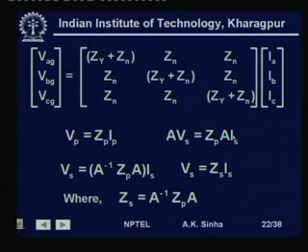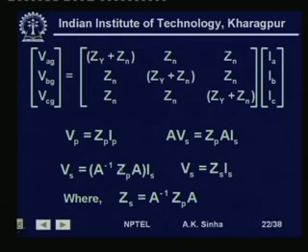Now, from here if we pre-multiply both sides by A inverse, then A inverse A will become the unity matrix. So, we have Vs is equal to A inverse Zp into A into Is.